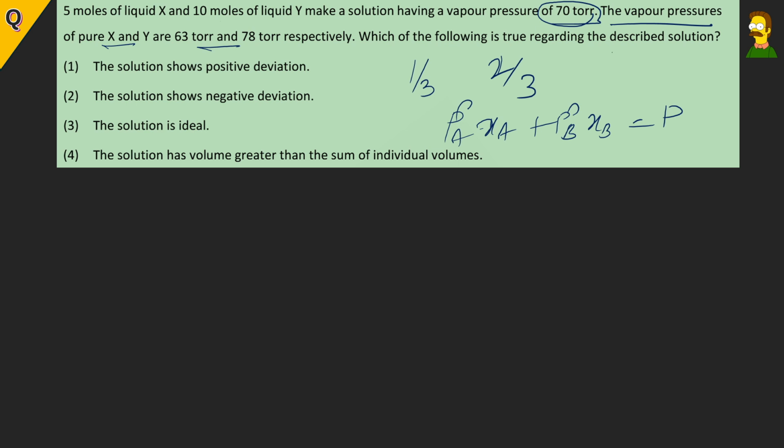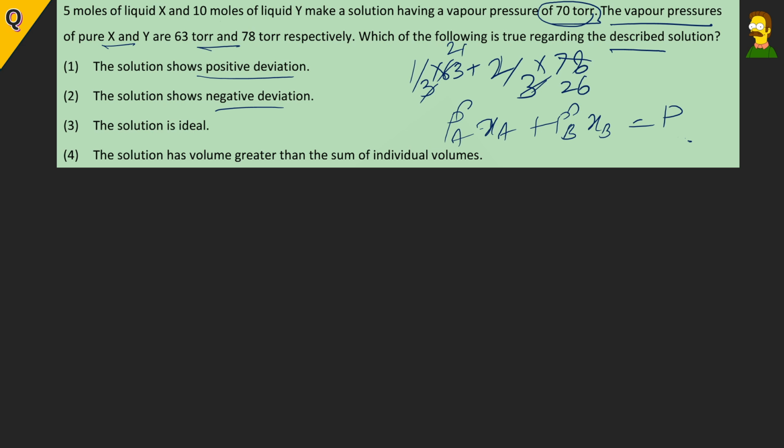Which of the following is true regarding the described solution? You've got to figure out its positive and negative deviation. So you've got to find this pressure and then see. This is a nice question. Okay, cool. So we do find the ideal pressure, right? Ideal pressure would be 1 by 3 times 63 plus 2 by 3 times 78. Thankfully it divides by 3.